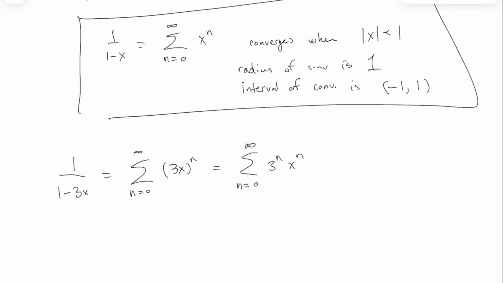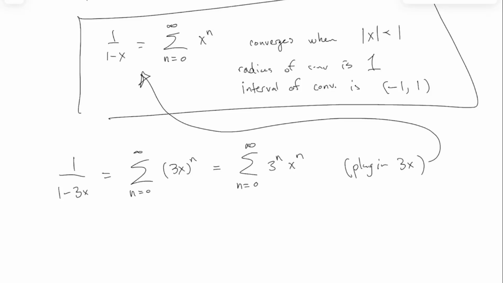All right. Now, we did an example just like this last time, I think with a 2 instead of a 3. But something that we didn't say last time about this is, you can also say, what is the radius or interval of convergence in this case, by the same kind of plugging in trick. So the way that we got this was plug in 3x, up here, right? That's how we came up with the power series.